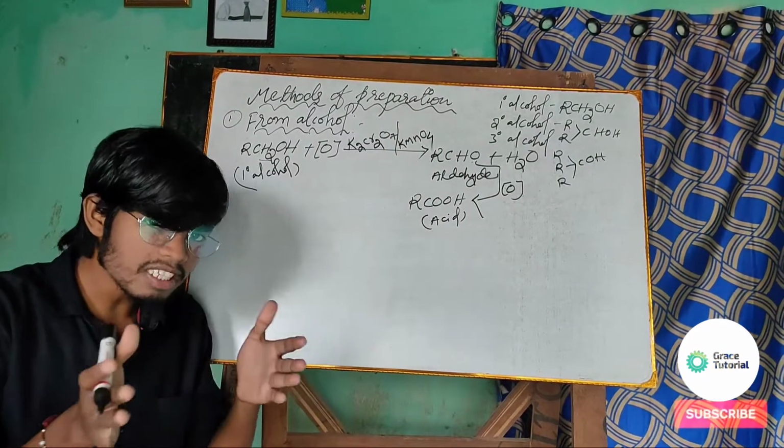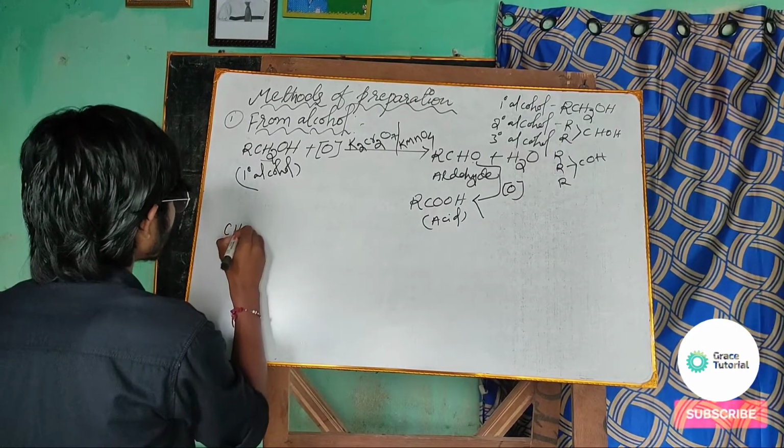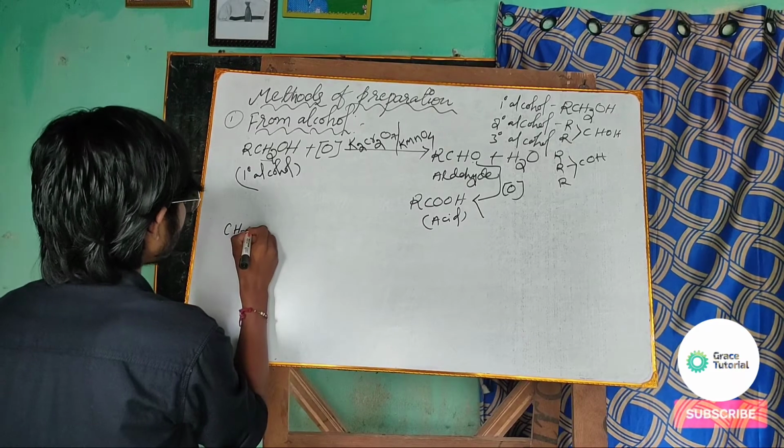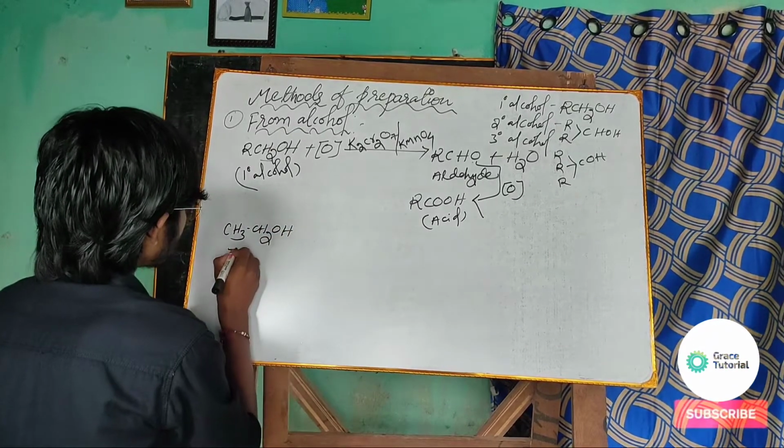Let me give you a specific example for this. Suppose here we'll take the methyl group, CH3CH2OH. This is ethyl alcohol.